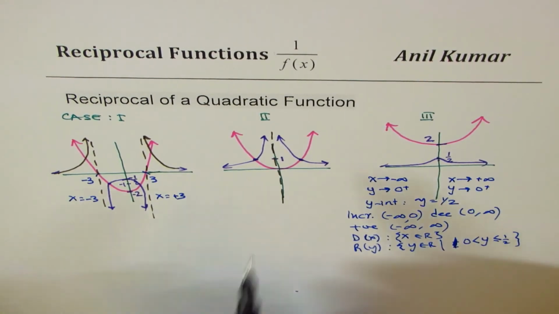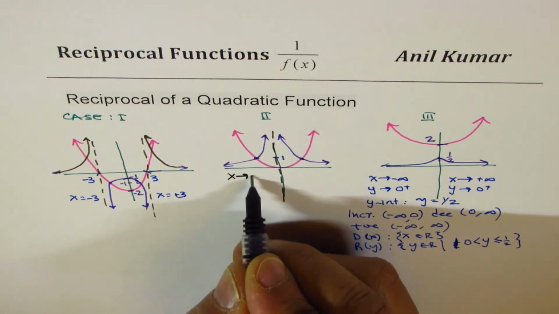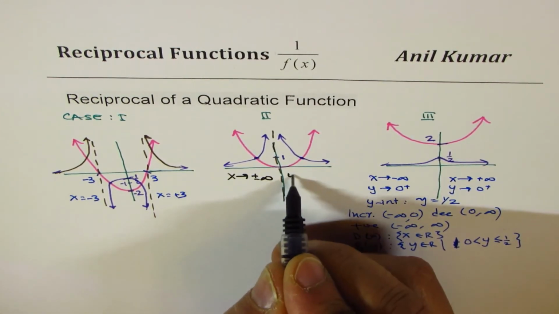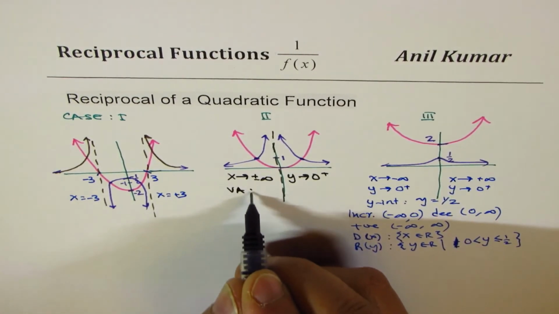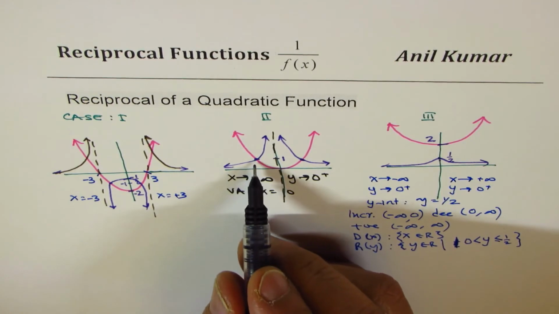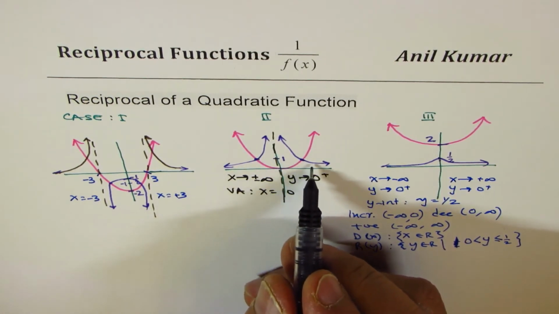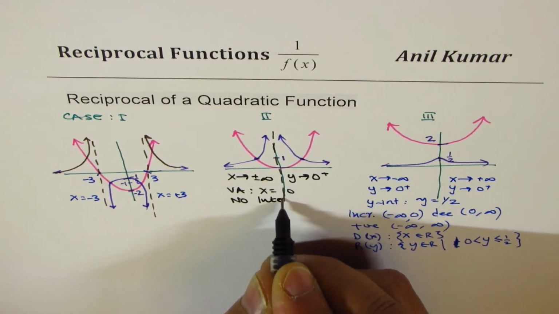Now let me write down the characteristics for this function also. You can say when x approaches positive or negative infinity, y approaches 0 from the positive side. The vertical asymptote here is x equals 0. Now there are no x and y intercepts, right? So no intercepts.